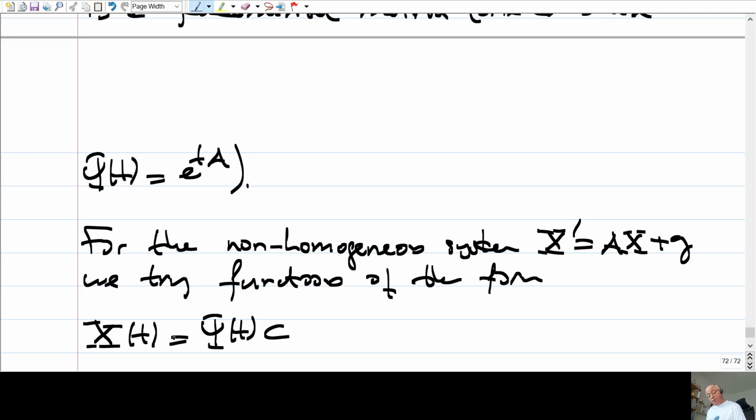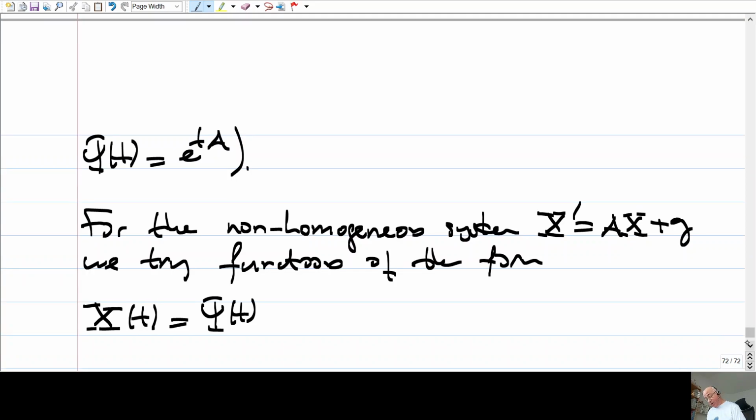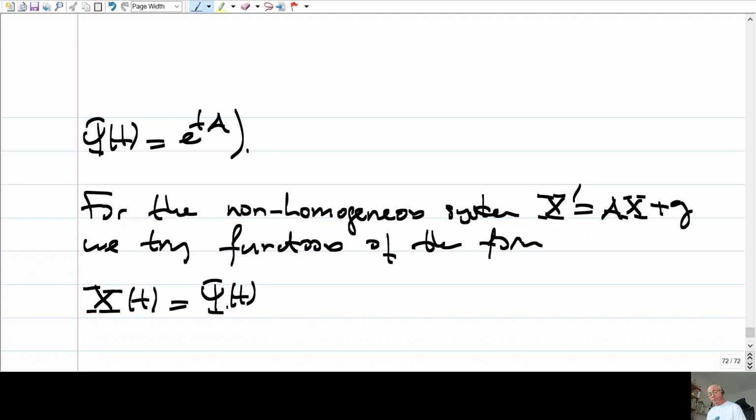Here for the homogeneous equation we had an arbitrary vector, right? Instead of this arbitrary vector, let's put an arbitrary function, I mean a vector valued function, of course, u(t).